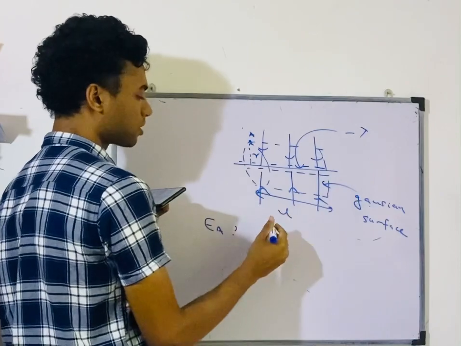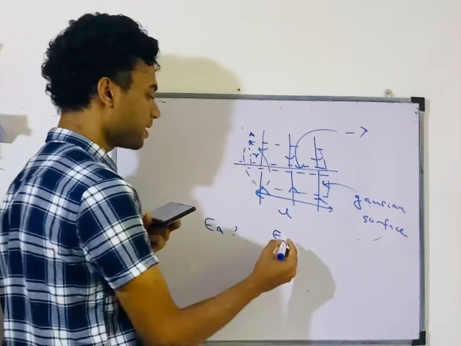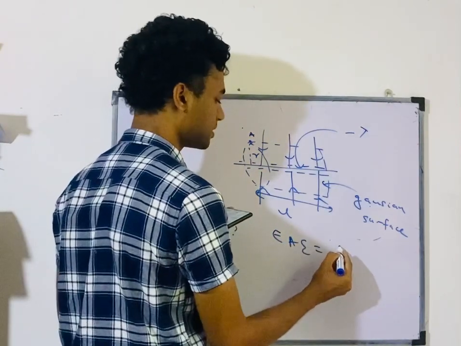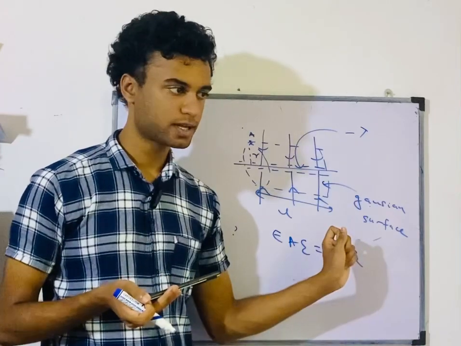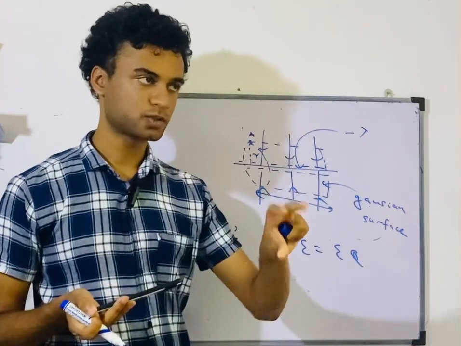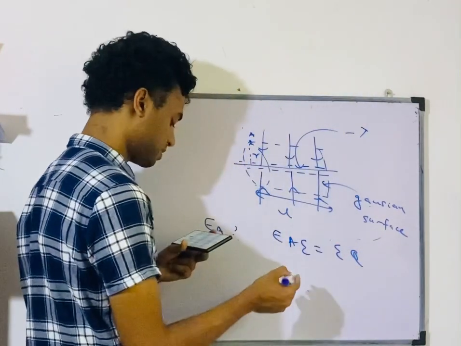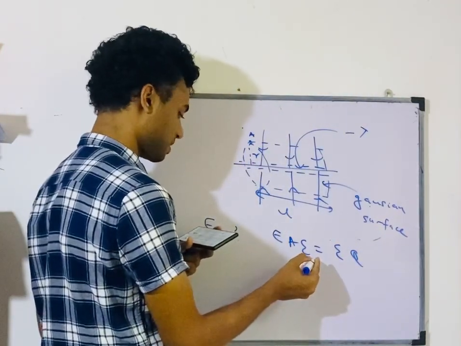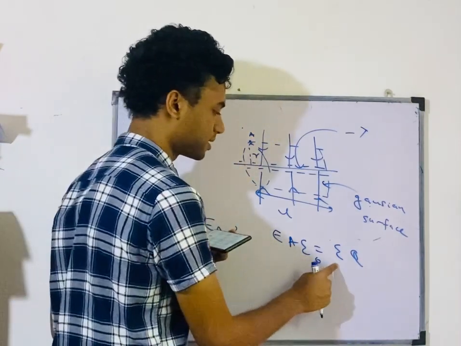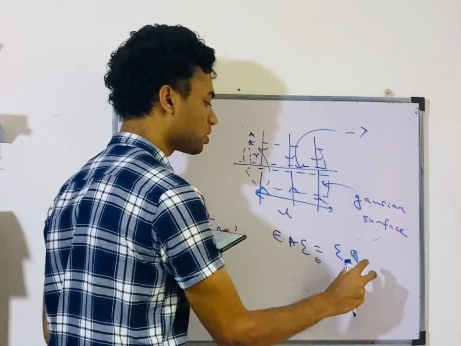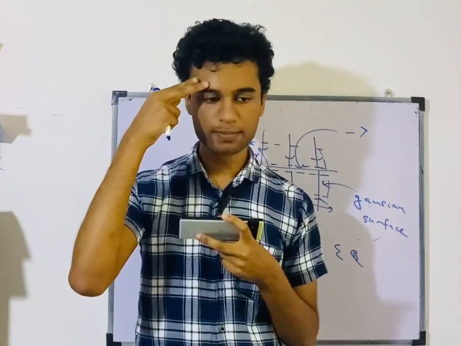According to Gauss's theorem, E A epsilon naught is equal to sigma Q. Epsilon naught is when it's in vacuum, so generally it's epsilon, but in this question they've just mentioned epsilon naught. Sigma Q means the total charge within my Gaussian surface.